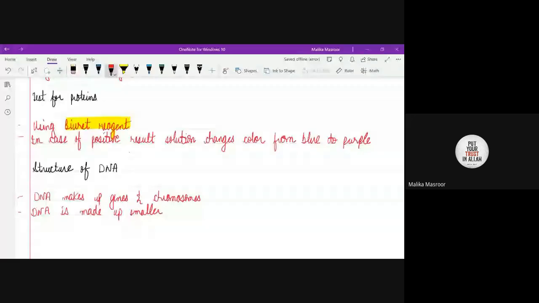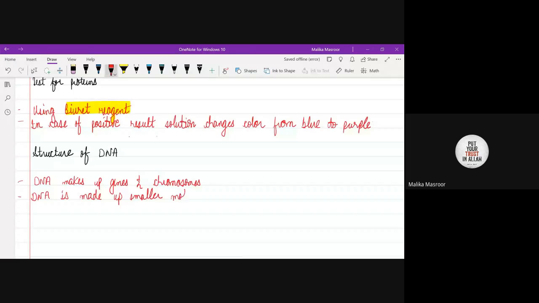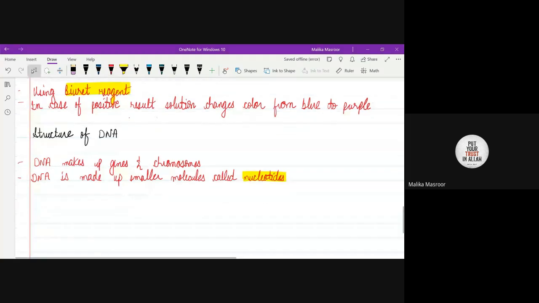Smaller molecules called nucleotides. Each nucleotide contains a base.